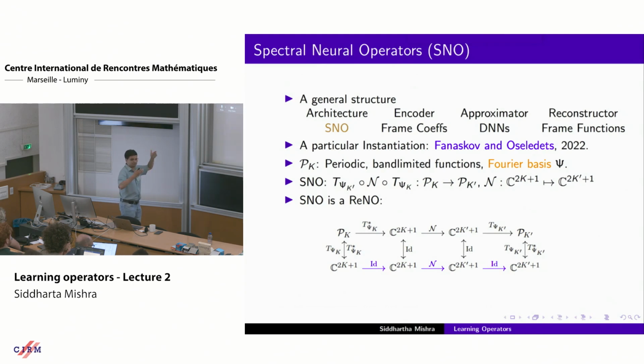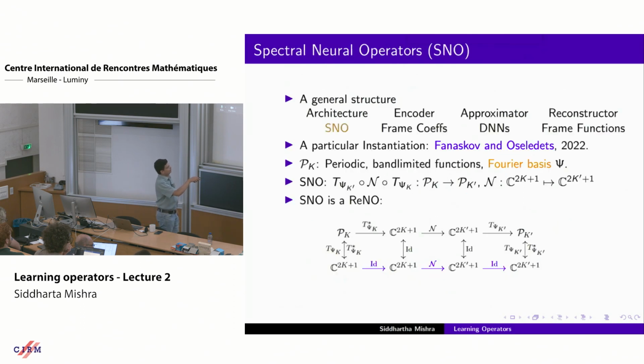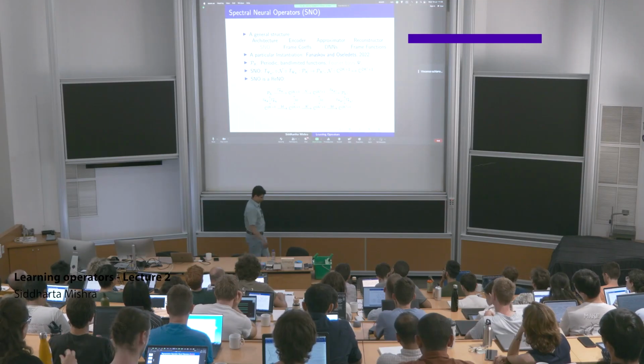So you replace the scheme, the physics, by just using data, and the data is going to train this neural network. Now this is an example of a representation equivalent neural operator. As you can see, this diagram is commuting, provided that certain conditions are laid down. In particular, our function spaces have to be periodic band limited functions, so that the Fourier basis has nice properties.